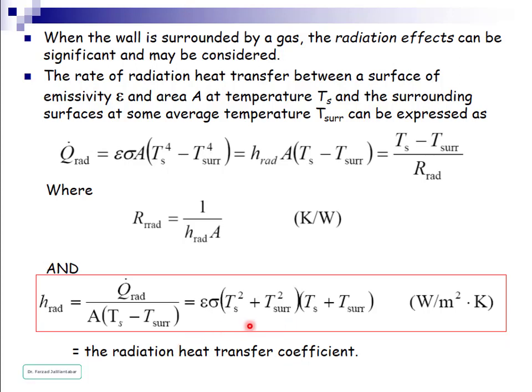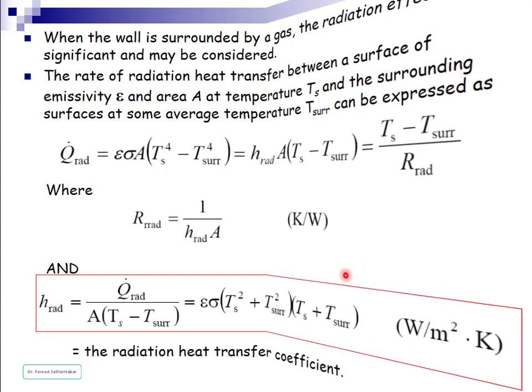But h rad depends strongly on temperature, while h convection usually does not. This can be seen by comparing these two equations for h rad, which is the radiation heat transfer coefficient, and the previous equation for the convection heat transfer coefficient.